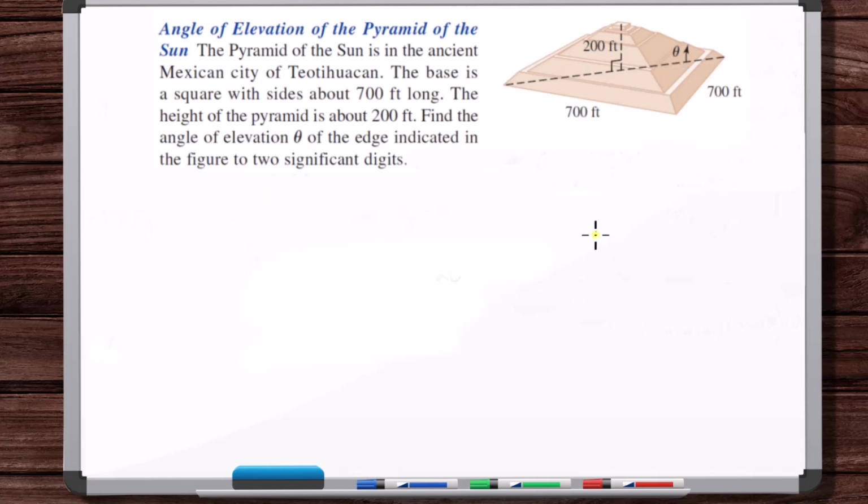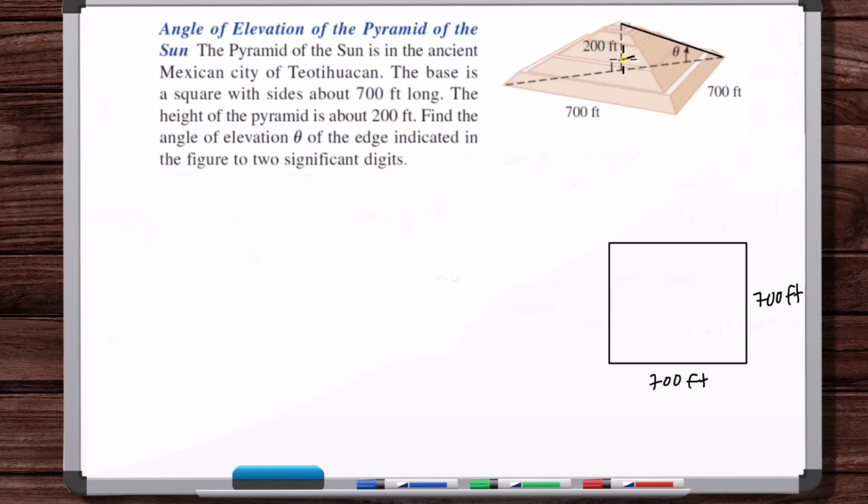All right, so if we've got a square, then what we're looking for is this angle. There's a right triangle here that we can reference, where the base of the triangle is one of the legs, and that length is half of the diagonal length of the square base of the pyramid.